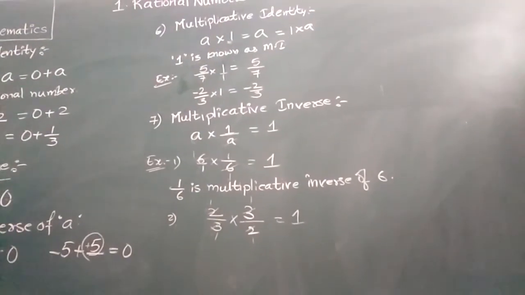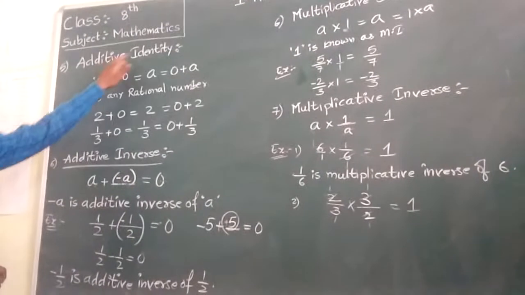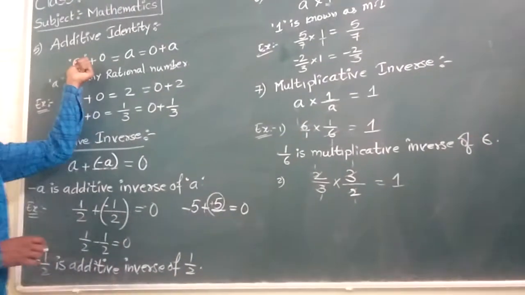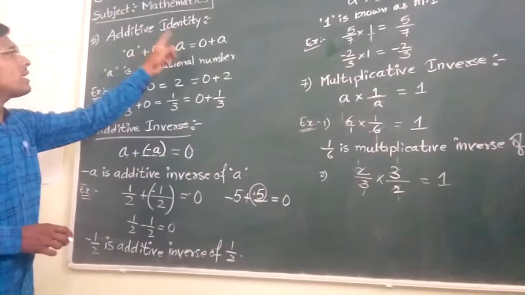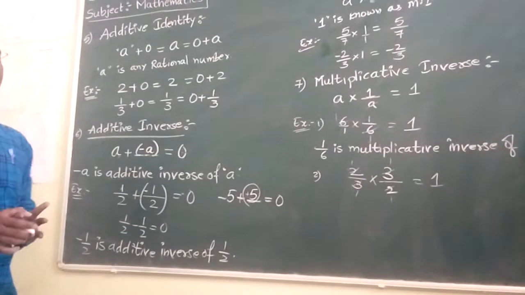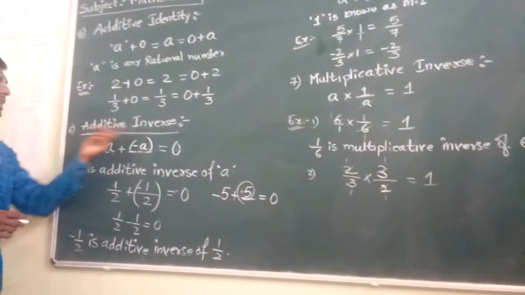So once again, see, additive identity. What is additive identity? 0 is the additive identity. Why? Because if you add any rational number to 0, you will get the same rational number. That's why we can say 0 is the additive identity. Next, additive inverse. What is additive inverse?